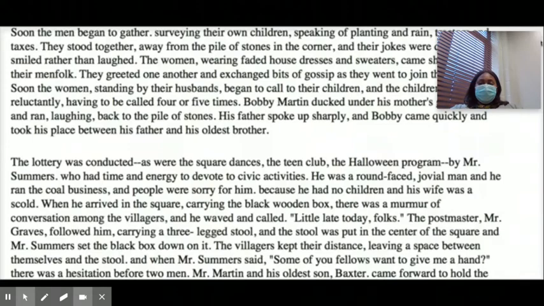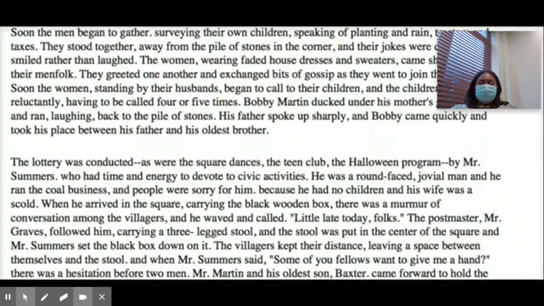Soon the women, standing by their husbands, began to call to their children, and the children came reluctantly, having to be called 4 or 5 times. Bobby Martin ducked under his mother's grasping hand and ran laughing back to the pile of stones. His father spoke up sharply, and Bobby came quickly and took his place between his father and his oldest brother.